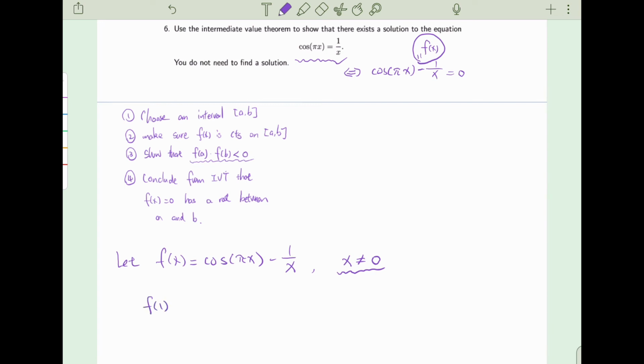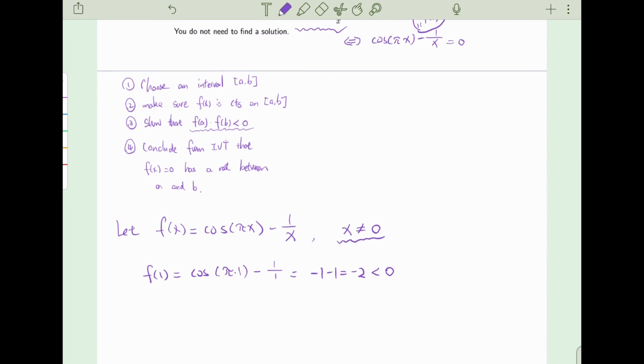Right? f of 1 is equal to cos of pi times 1 minus 1 over 1. We know cos pi is -1. If you're not familiar with this, look up the table value. I'm not gonna go over it here. So cos pi is -1, minus 1, that is -2. Okay, negative sign, which means that the second point I choose should have a positive sign when evaluated by the function.